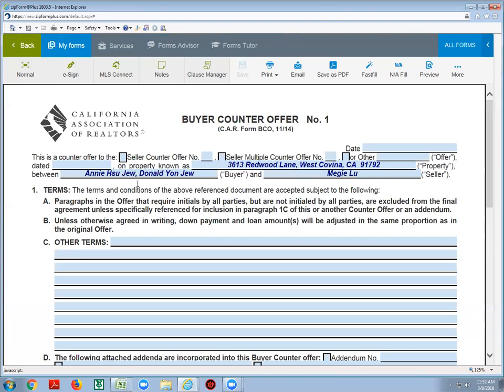Here's the buyer's counter. You can mark it either seller counter offer, that's a single counter number 1, or seller multiple counter, number 1. I don't know any others, but I don't really want to counter anything on the purchase agreement. If you really want to add something, I can probably use the addendum.